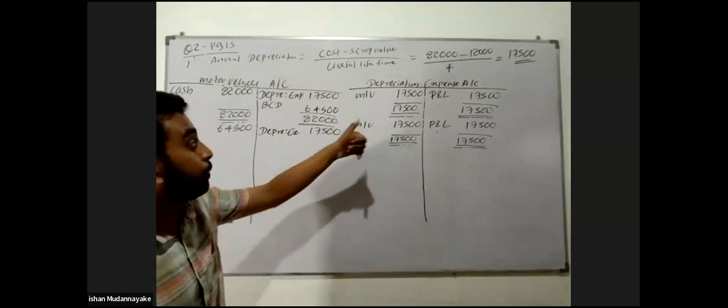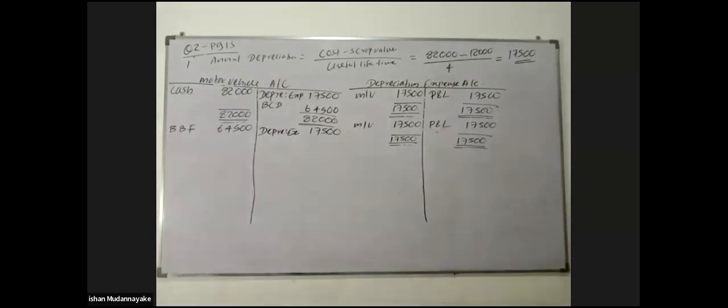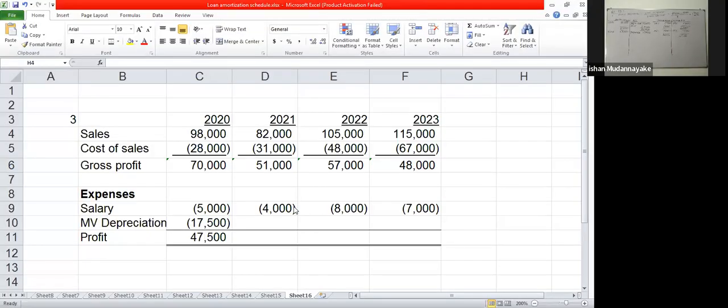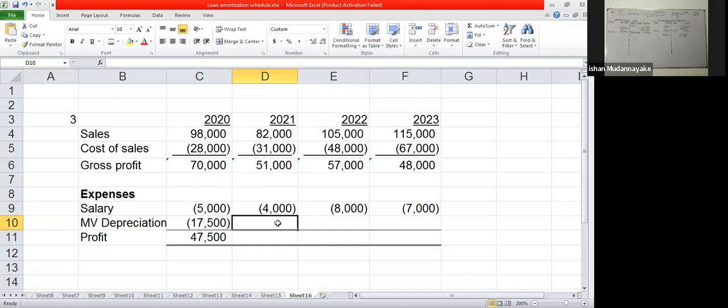Right. Then go to the third requirement, which is calculating profit or loss.